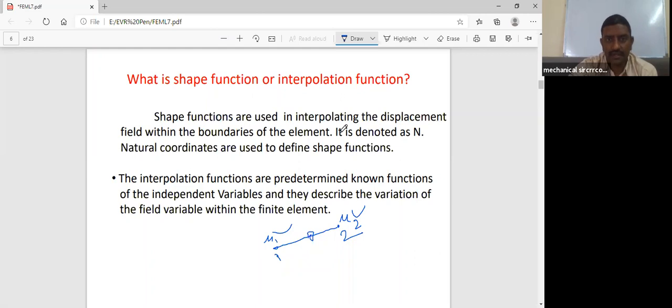These shape functions are denoted as capital N. In general, to define shape functions, we use natural coordinates.